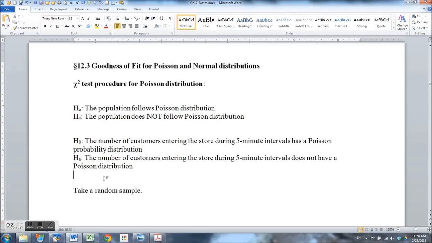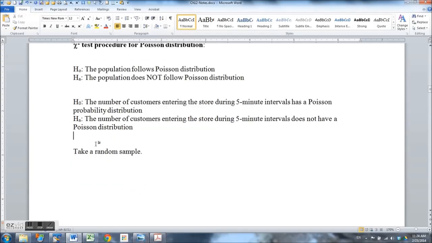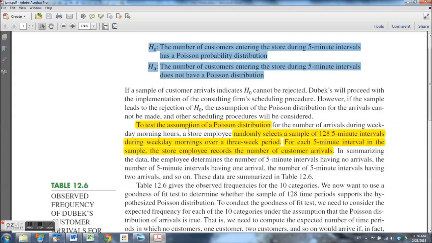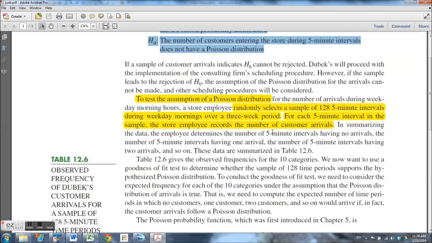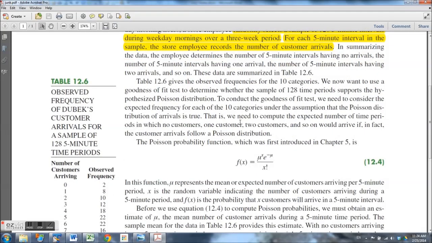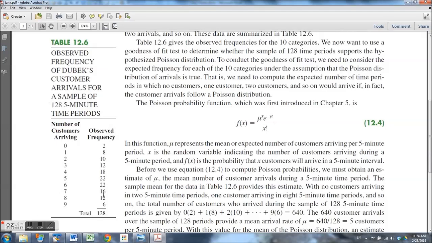So the next step is to take a random sample of 5-minute intervals and record the number of arrivals during those 5-minute intervals. So here is the sample. We have selected randomly 128 5-minute intervals, and then we look at how many customers arrived during those intervals, and that information is summarized in this table.